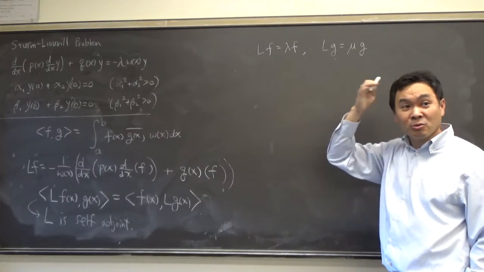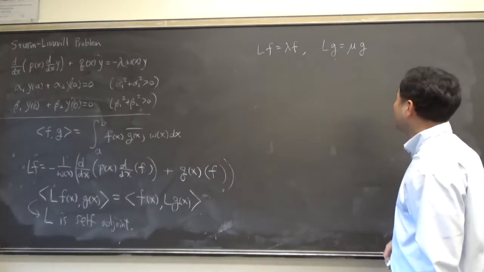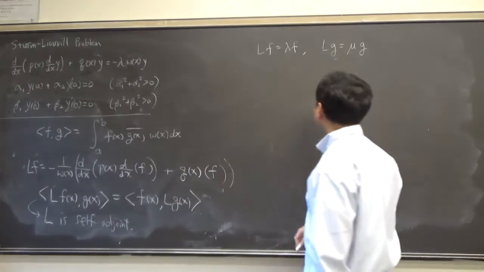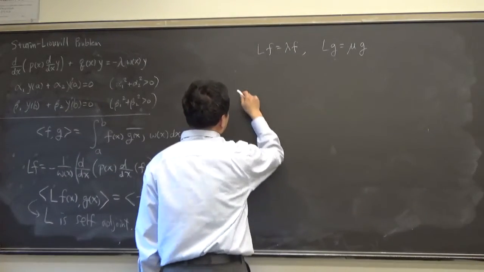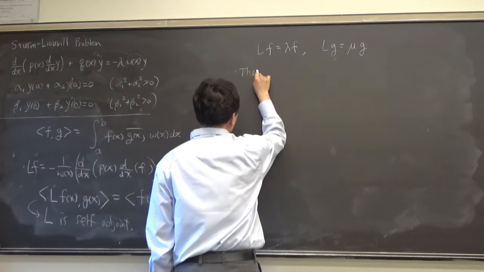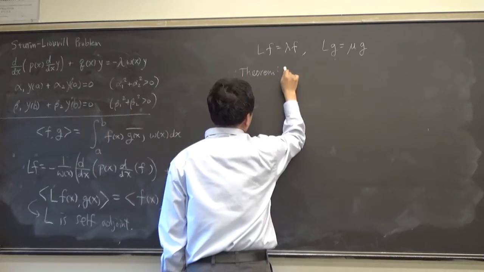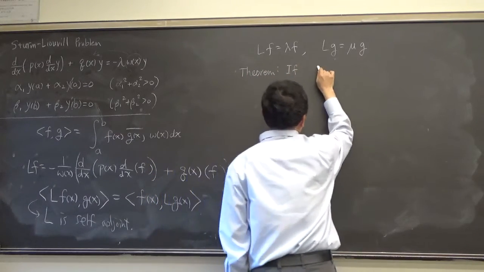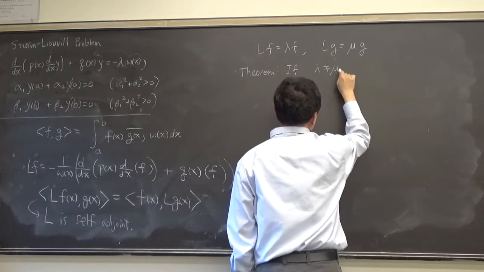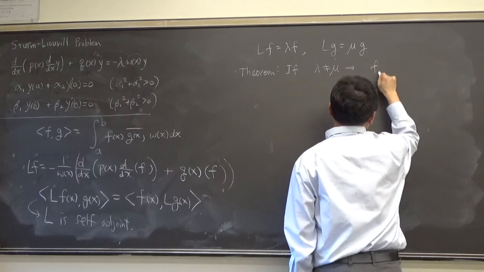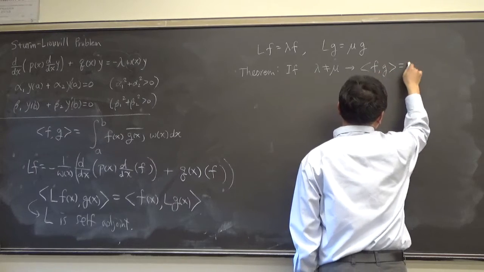So those were the things that we've already talked about. Then, here's what I want to show you in general. If lambda and mu are different, then f and g are orthogonal.